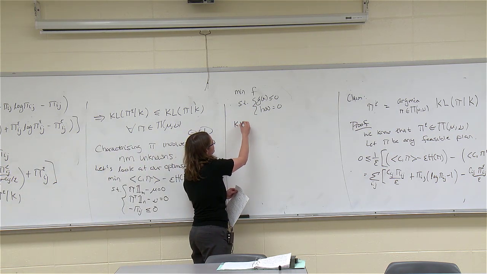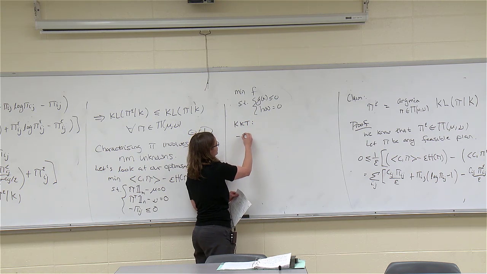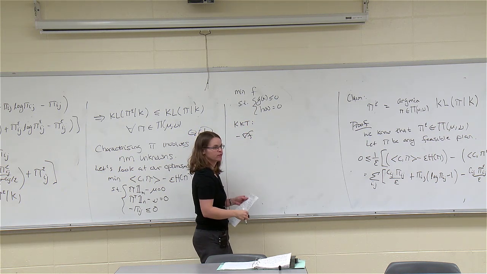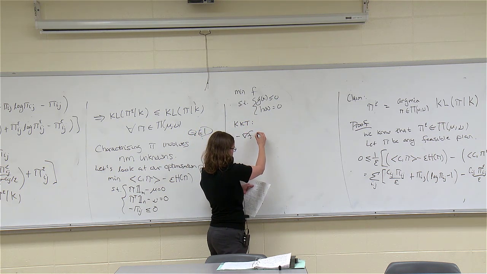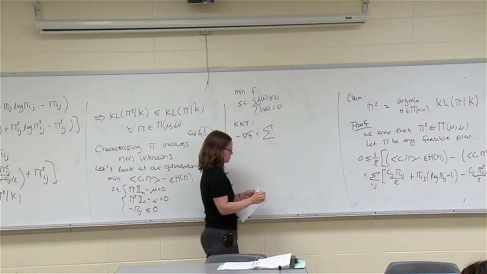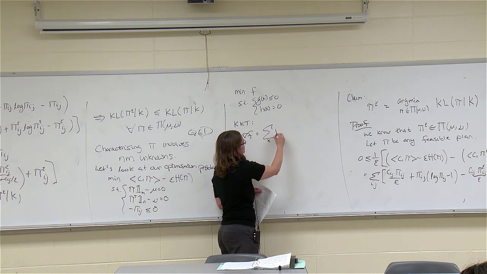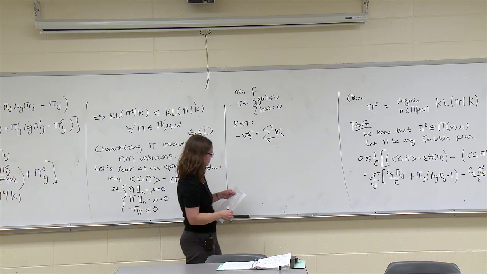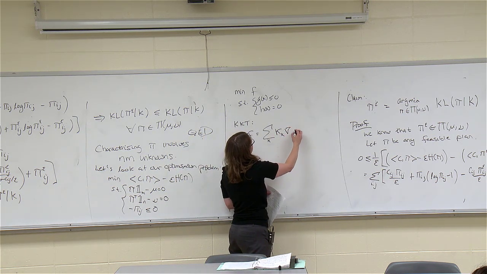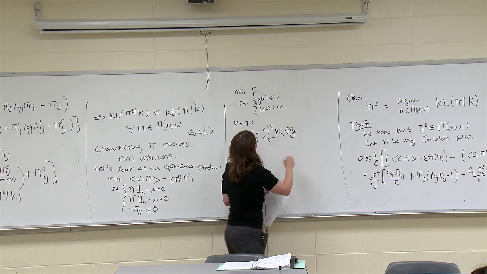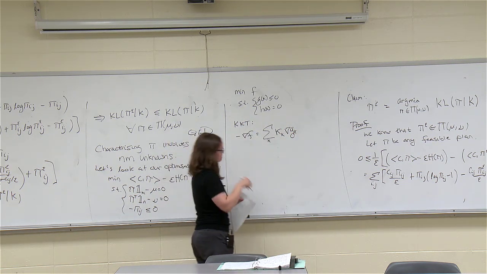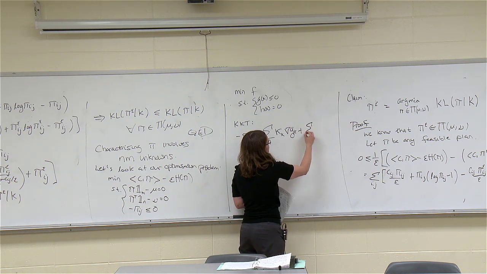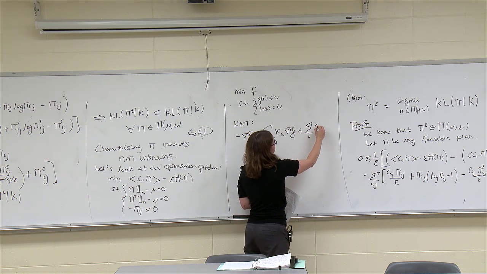Okay, then the KKT condition should look like this: we're going to relate the gradient of f to some term that's going to multiply our inequality constraint, and some term that's going to multiply our equality constraint.